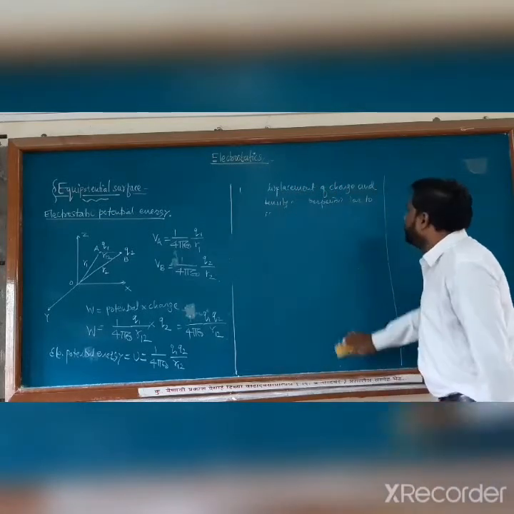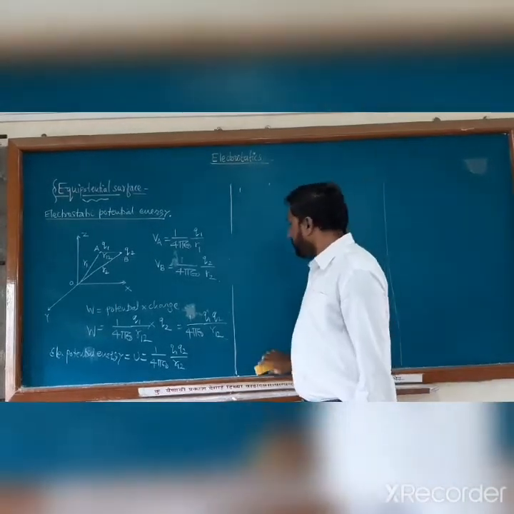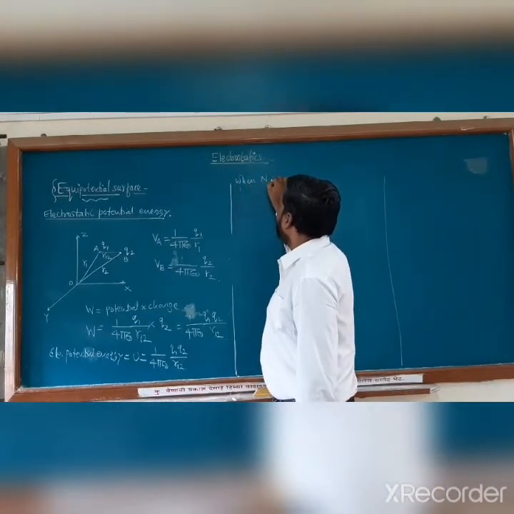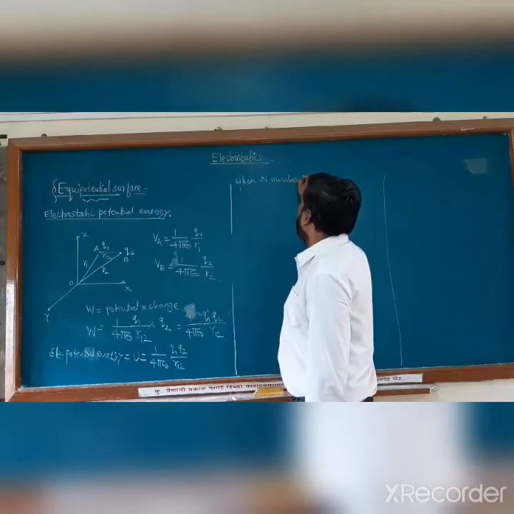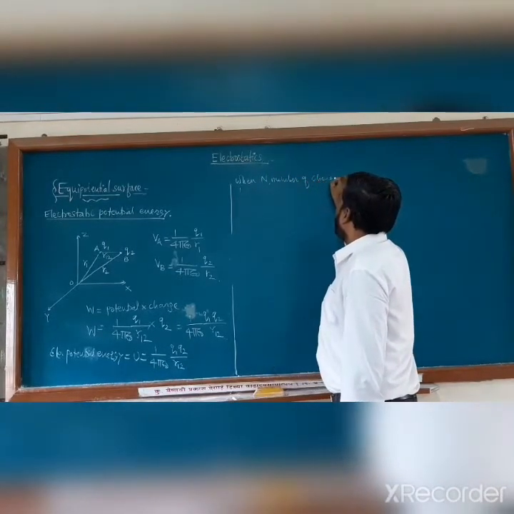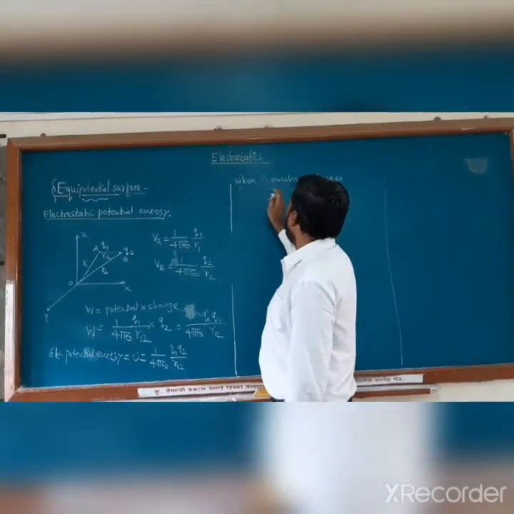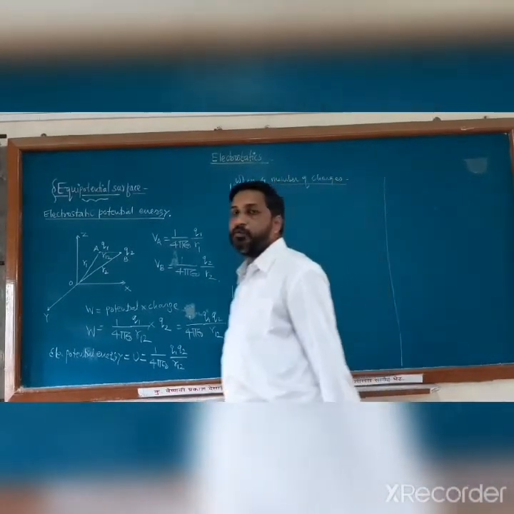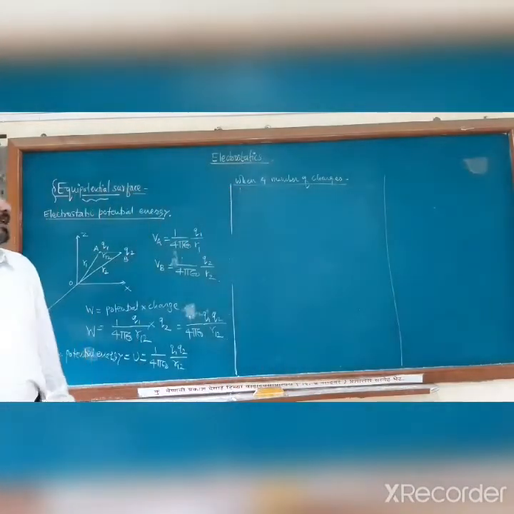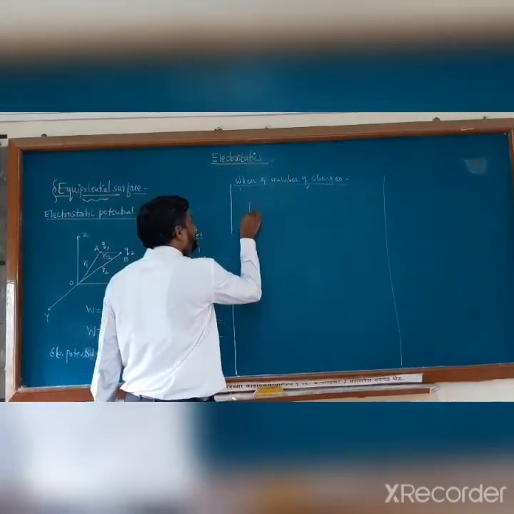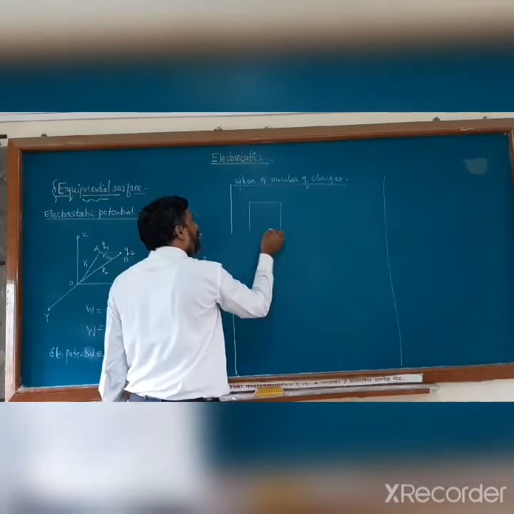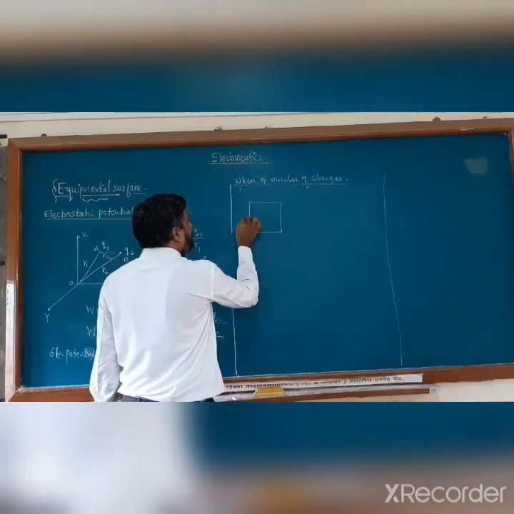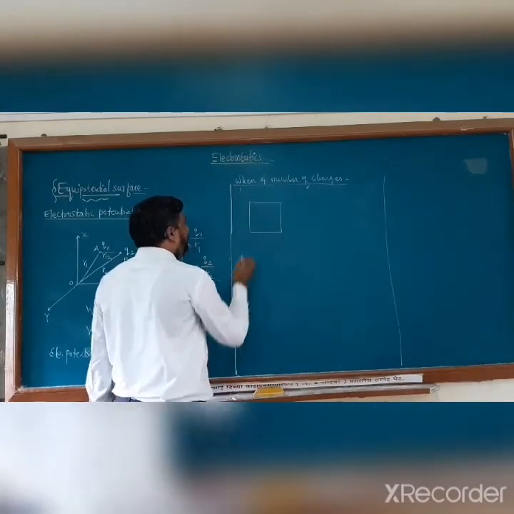Now the second part: when there is a system of N number of charges, or let's say when 4 charges are present, how do you express the electric potential energy? Four charges are present, so I am selecting one simple square. Each side is 1 meter.